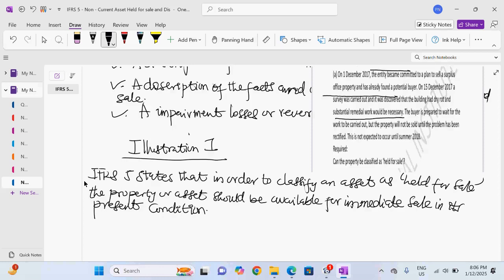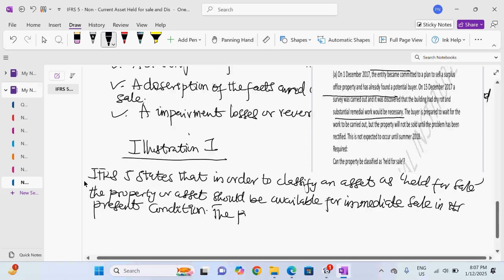So we can see that the property would not be sold until the work has been carried out. This demonstrates that the facility is not available for immediate sale. Therefore, the property cannot be classified as held for sale, right? The property or asset should be available for sale. So let me write it, because I'll be sharing the materials.